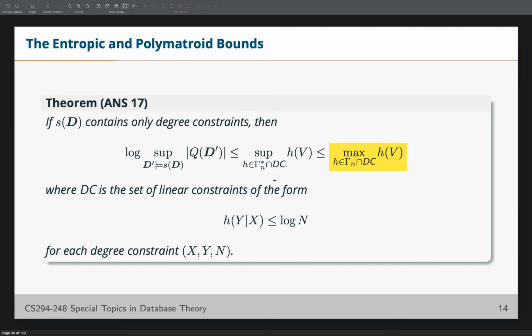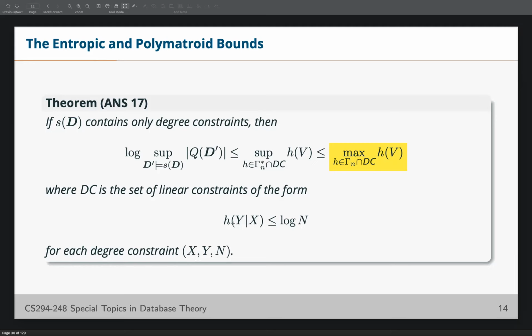They are the constraints of the form H of y given x is at most log n for every degree constraint x, y, and n, as we mentioned earlier. So a degree constraint has a combinatorial notion, which says for every x, the number of y's is at most n. But there's also the corresponding entropic notion, which is that the conditional entropy is at most log n.